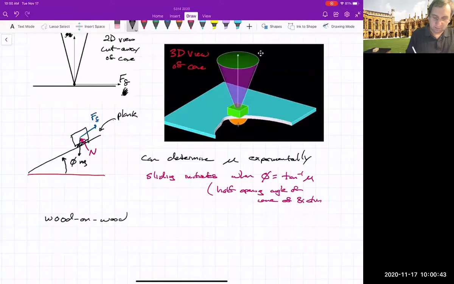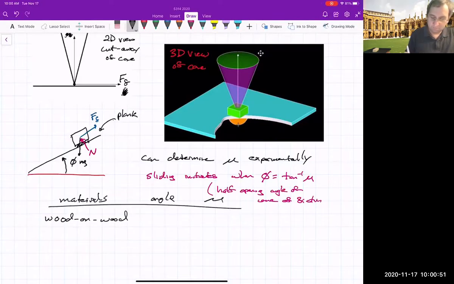I'm going to do another table like we did above, with angle and then mu. It's something like 20 to 30 degrees that it starts sliding, so that leads to a mu of like 0.3, I don't know, to 0.6.